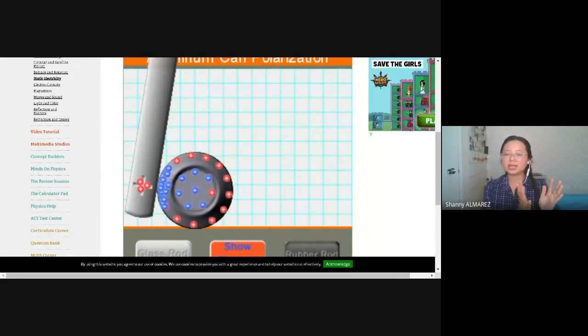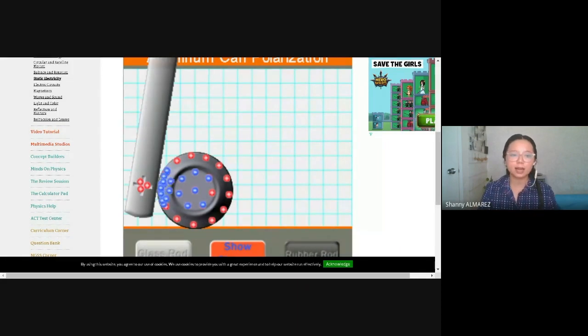Lumalapit siya dun sa side na nakaka-experience ng positive charge. Okay? So, ang nangyayari, naiiwan yung mga protons sa kanilang initial position. So, nagkakaroon ng two different poles, two different sides, kaya polarization. Okay? So, that's the effect of the presence of a charged body on a neutral object.